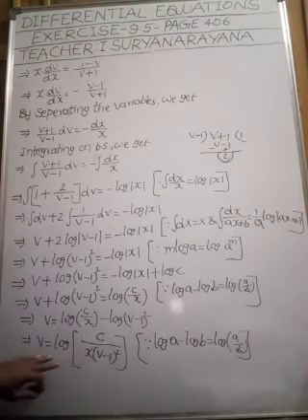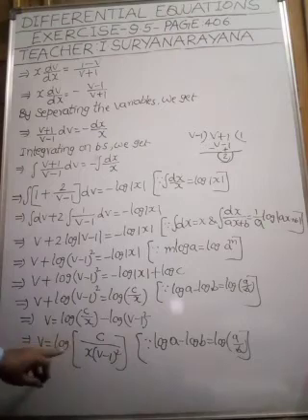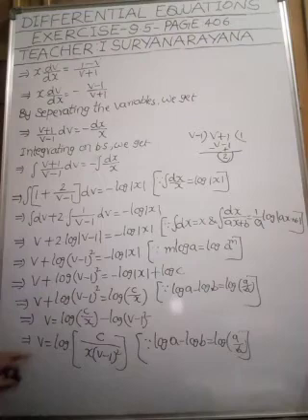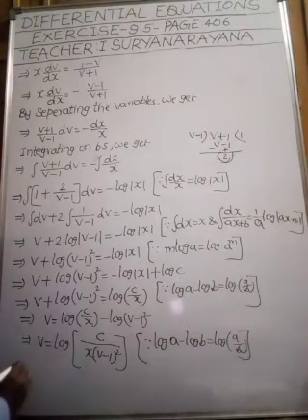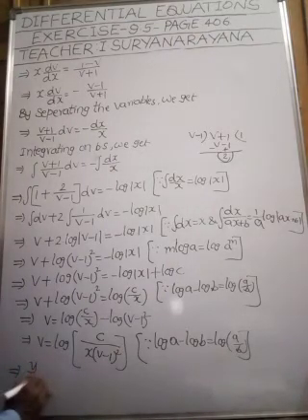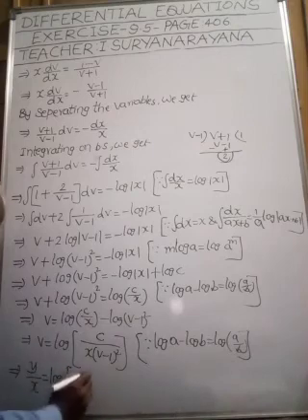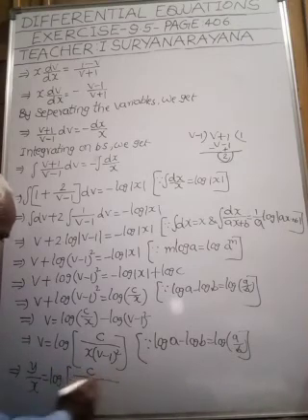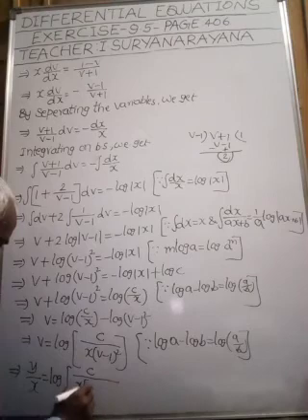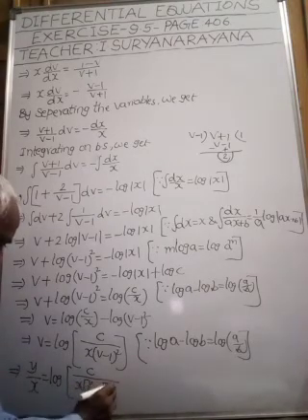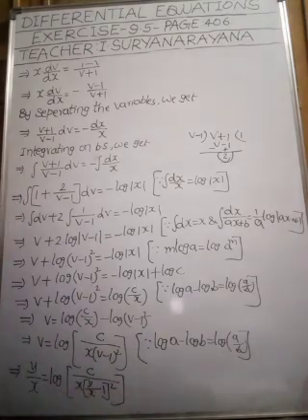Understood this step? So, after that, we have to substitute v is equal to y by x. Okay, my children? We have to substitute v is equal to y by x. This implies y by x is equal to log of c by x into y by x minus 1 whole square.